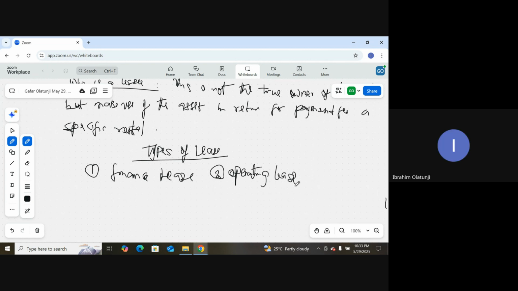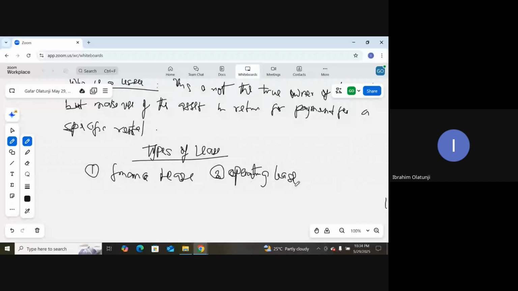And we need to understand the basic characteristic of this finance lease. Because when we said a finance lease is a lease that normally lasts for the expected working life of an asset, do you get my point?